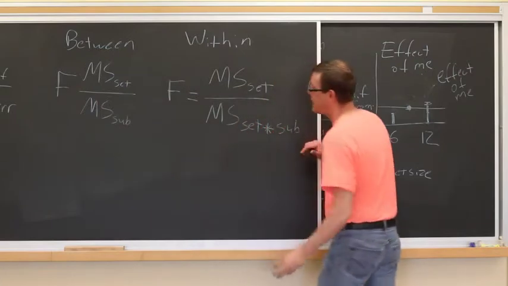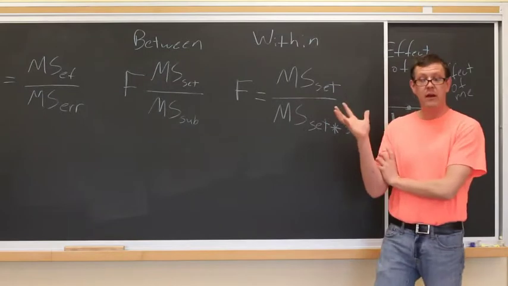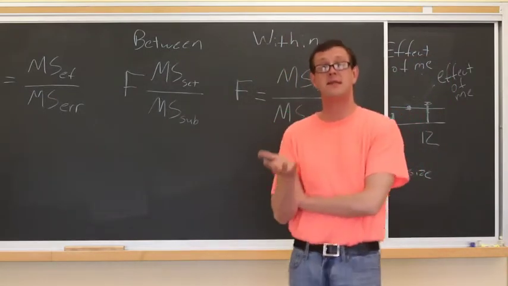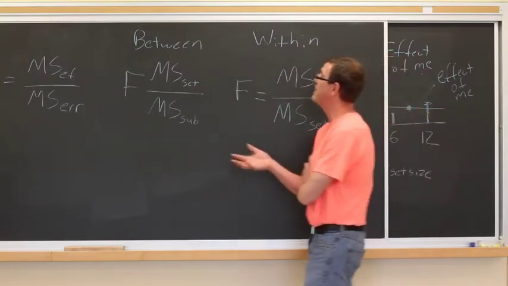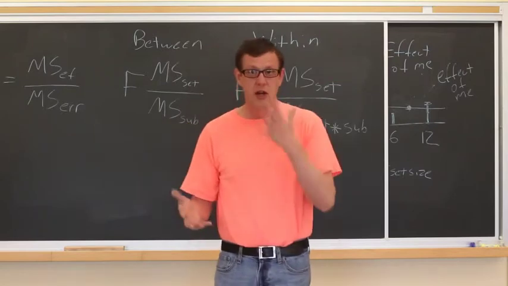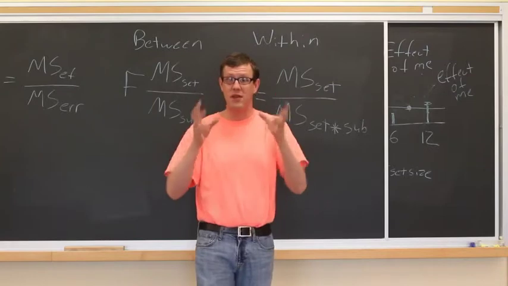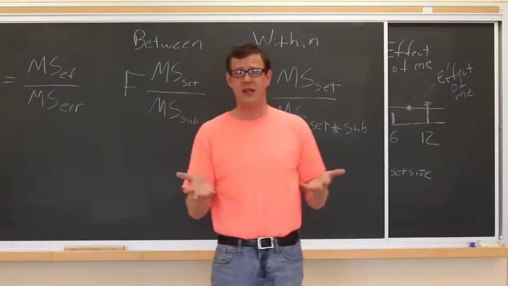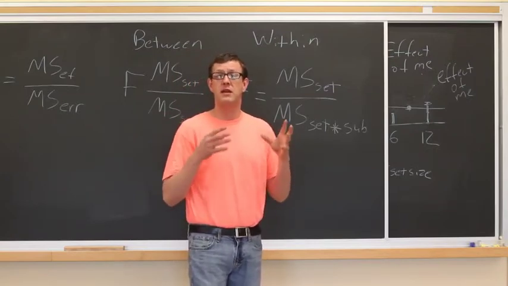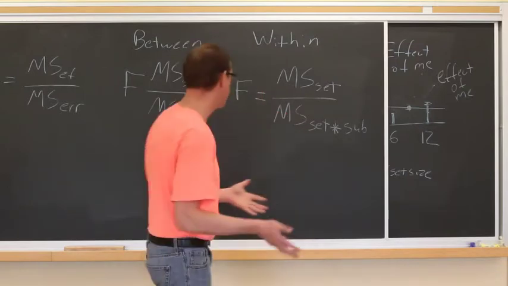Now, something that is really important has to do with variables that vary between subjects and variables that vary within subjects. For variables that vary between subjects, we're going to have a limited ability to determine whether or not the individual differences for subjects reflect differences in how fast they are, just in general, or whether they represent differences in how they responded to a particular level of that variable.